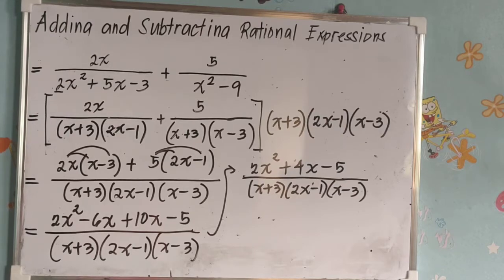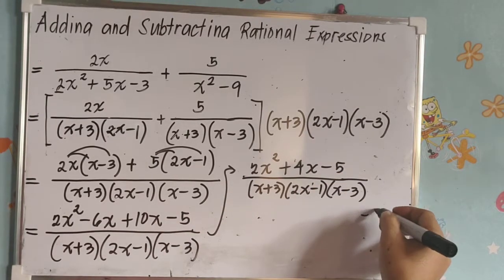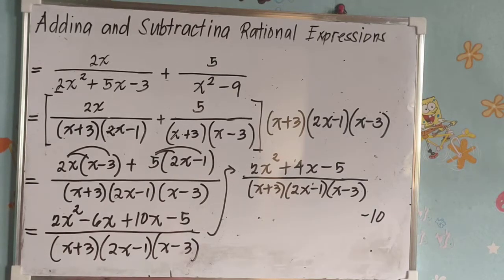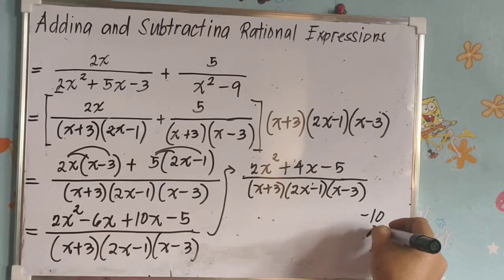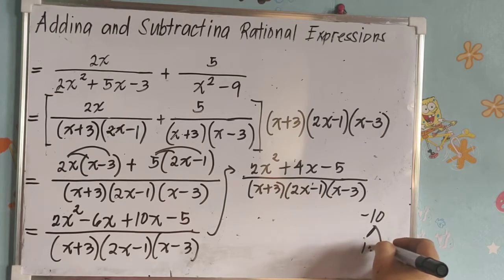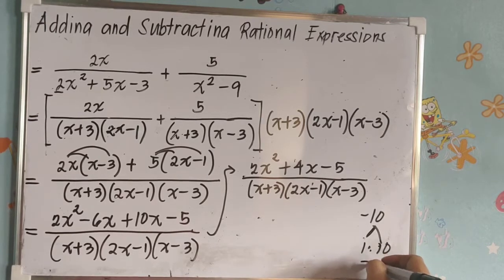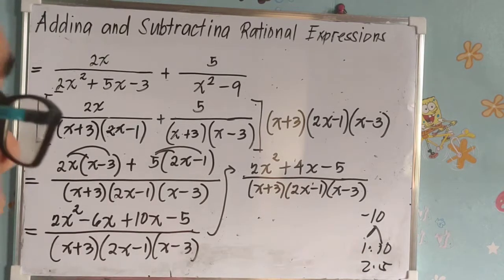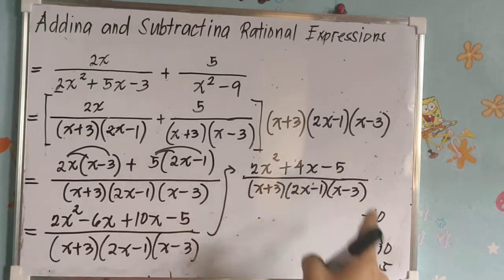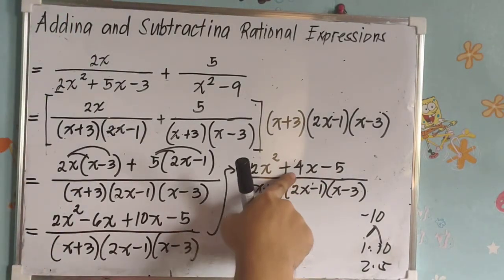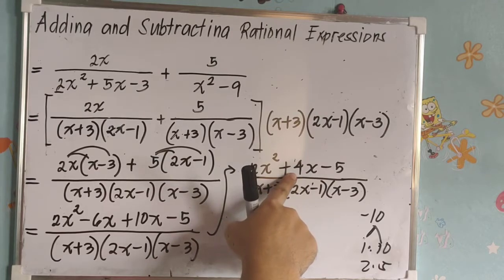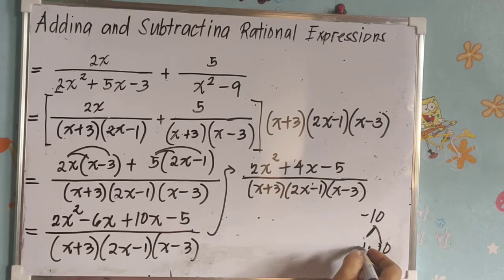So is the numerator still factorable? So we have 2 and negative 5. We have negative 10. Factors of 10 that when added is 4. We only have two possible factors, 1 and 10, and 2 and 5. Okay. So negative 5, meaning one of the factors is negative, the middle term is positive, that means the bigger number is positive.